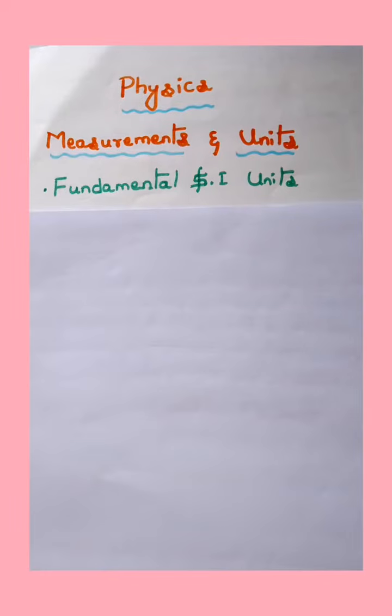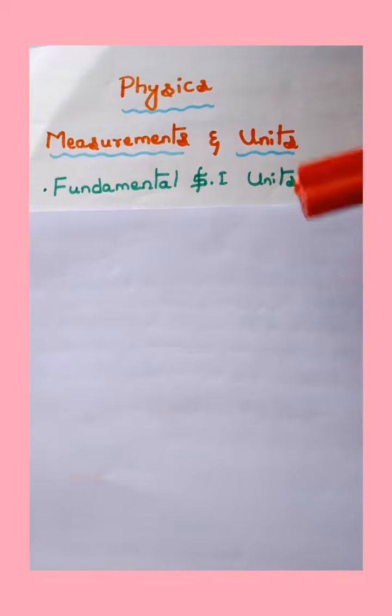Okay, so as you know already, the syllabus for GPSTR exam, that is graduate primary school teacher post exams, the syllabus is out. According to the syllabus, we will learn physics concepts along with chemistry, biology and maths also. So in today's class, let's see about measurements and units.